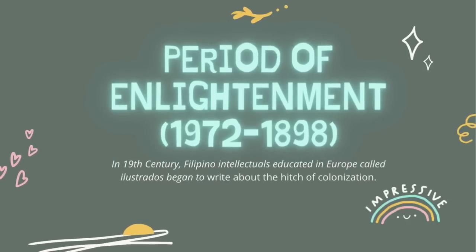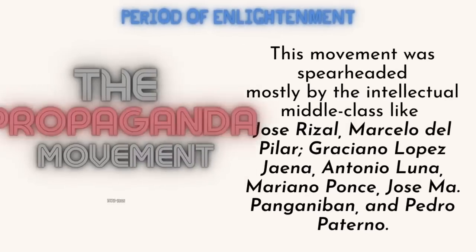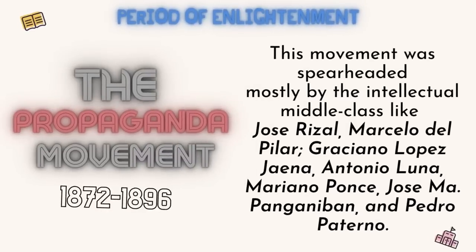How about in the period of Enlightenment, from 1872 to 1898? In the 19th century, Filipino intellectuals educated in Europe called Ilustrados began to write about the evils of colonization. In the period of Enlightenment, there began the Propaganda Movement, dated 1872 to 1896.